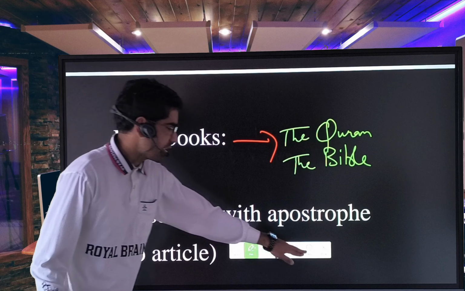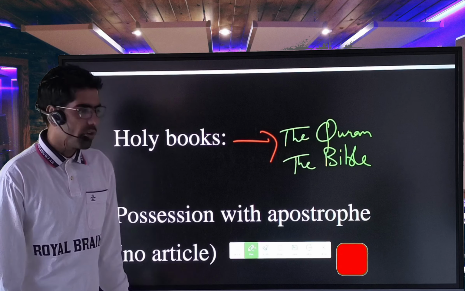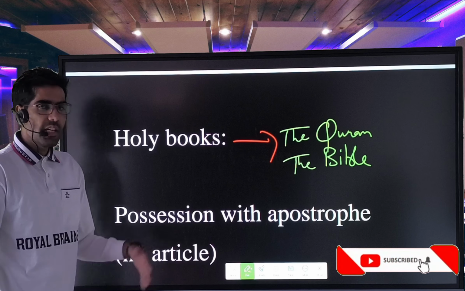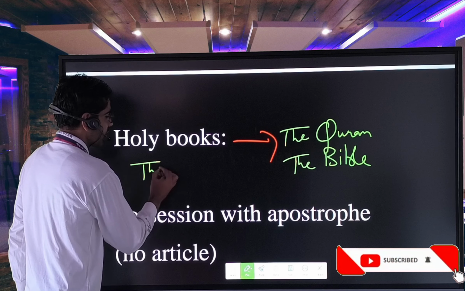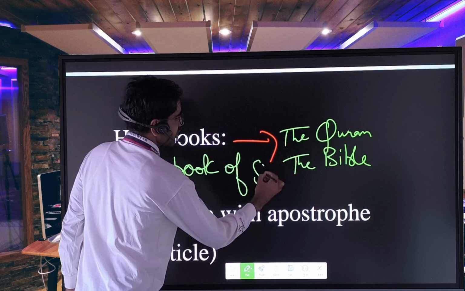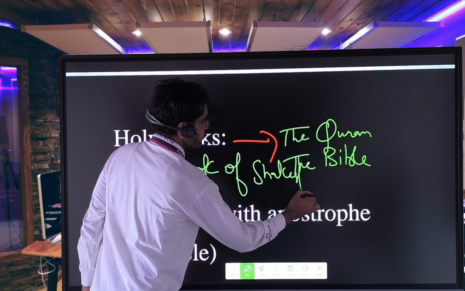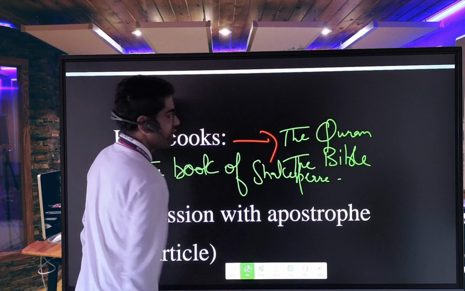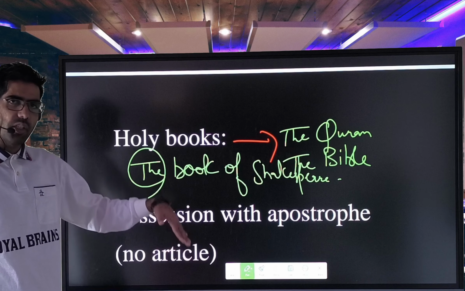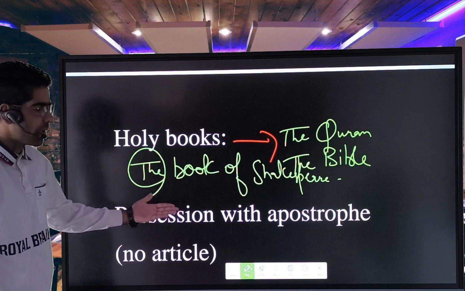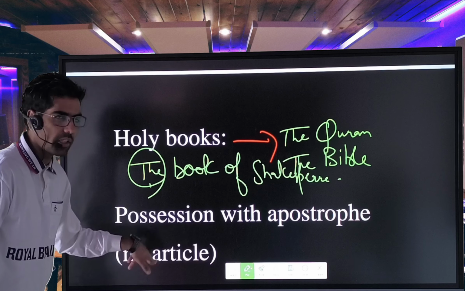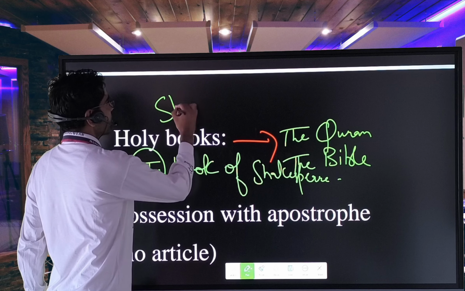In the same way, possessions with apostrophes. But dear student, here's an exception. जब भी possession होगी with apostrophe, तो वहां पे हम कोई आर्टिकल यूज नहीं करते हैं। जैसे मैं कहूंगा the book of Shakespeare, so the article use किया यहाँ पे, लेकिन when I say the same using apostrophe, there I don't have to use any article. For example, I say Shakespeare's book.